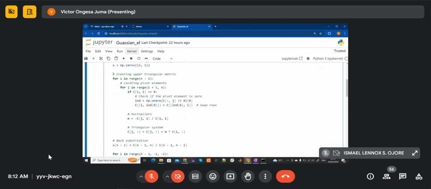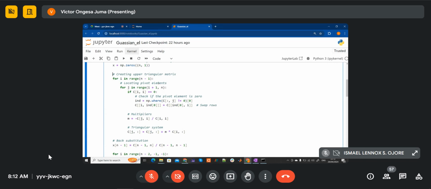And so we now create an upper triangular matrix. Once we form this augmented matrix, we want to reduce it into an upper triangular matrix. Why is this thing hanging? So what happens? I go through the variable i.